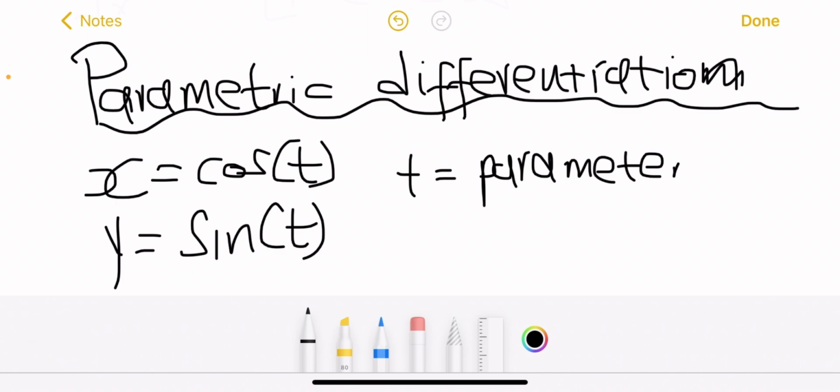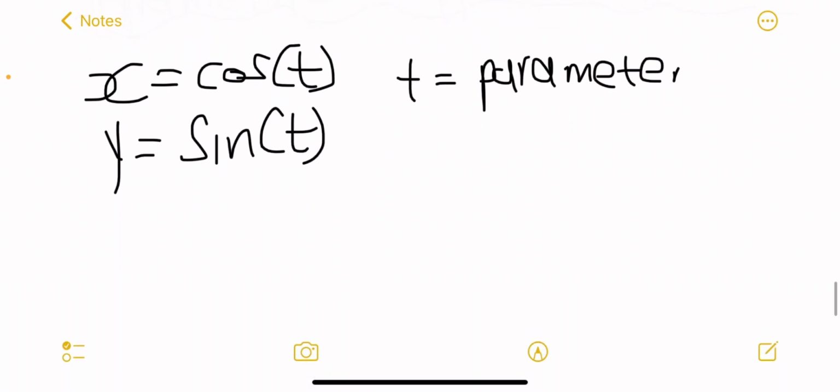Let's look at a simple example so we can understand what this is.